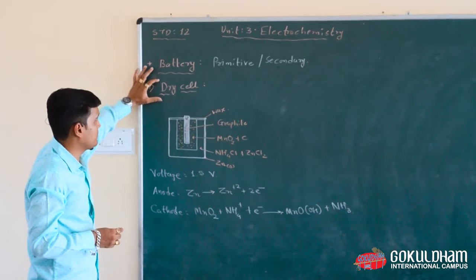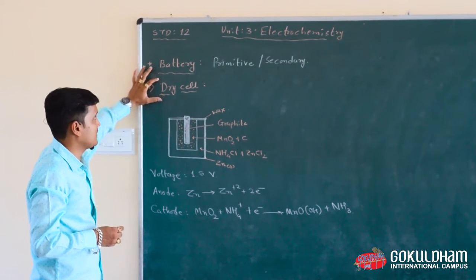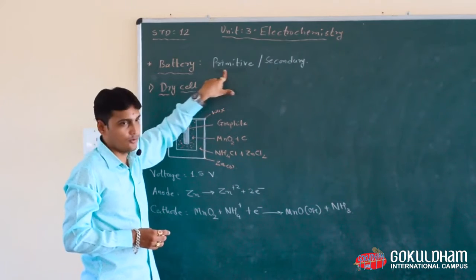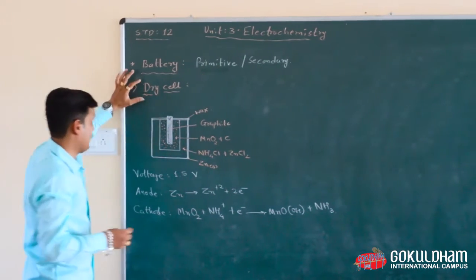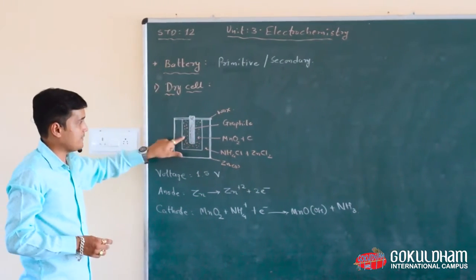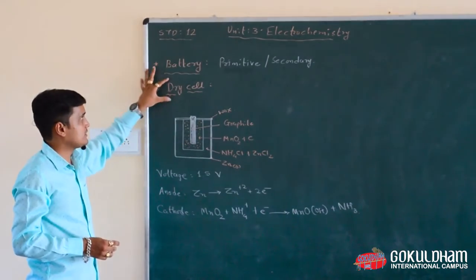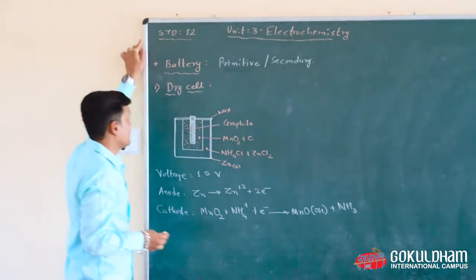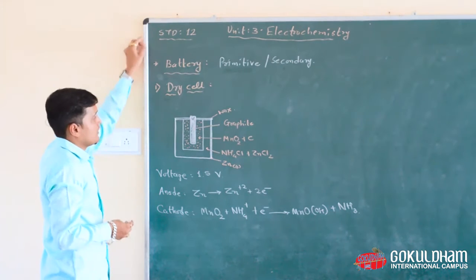The first example of a battery is the dry cell. This dry cell is a primary type of battery. After completion of the one-time chemical reaction, this cell does not work for further electricity.